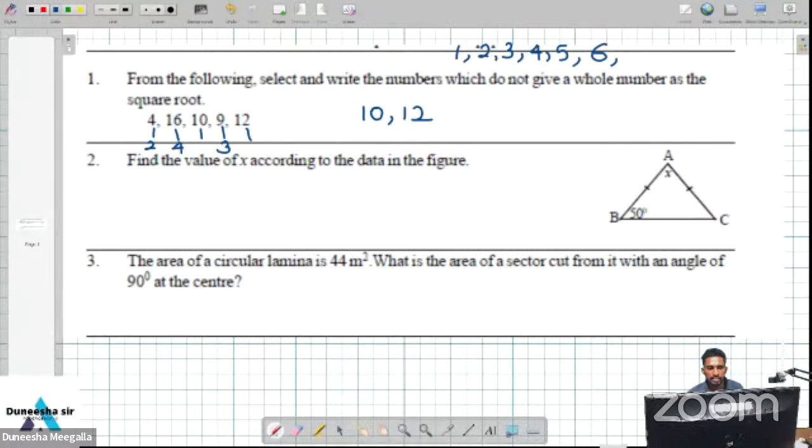Okay. Can you get the next answer? What is the type of this triangle?